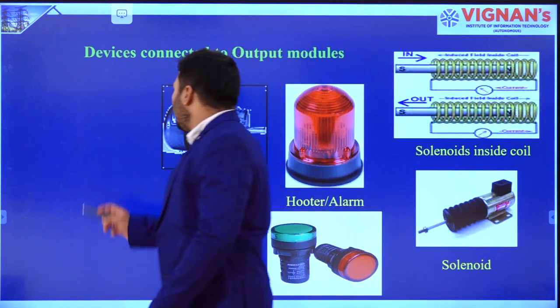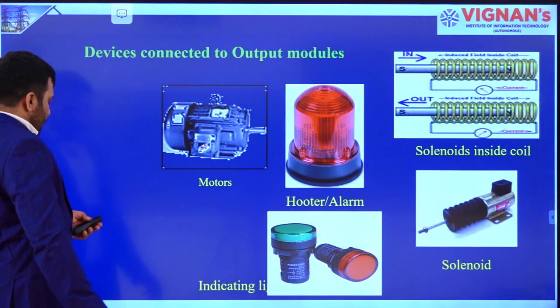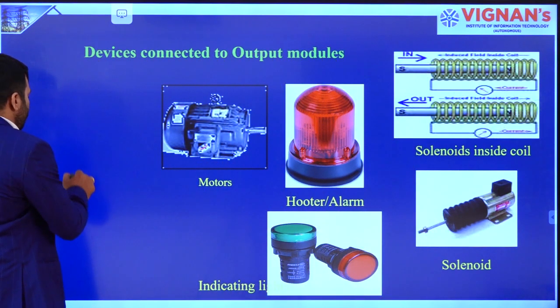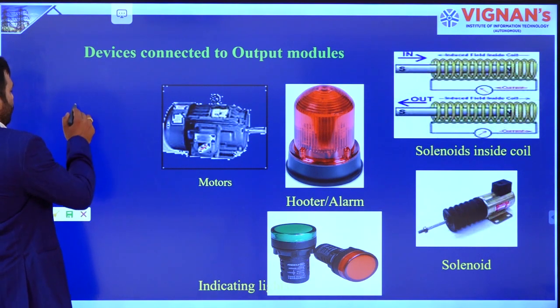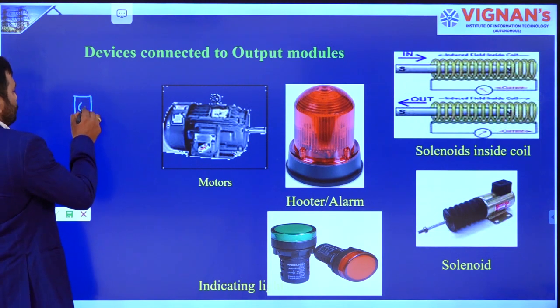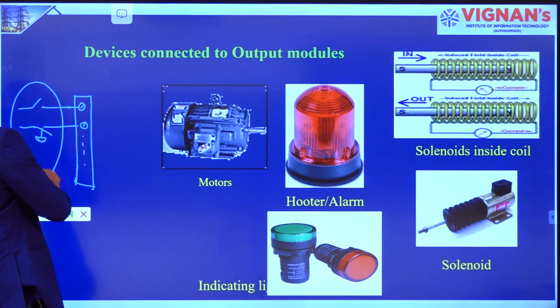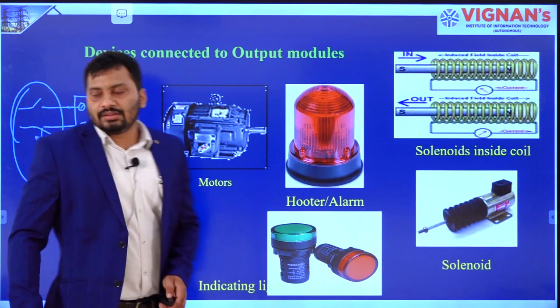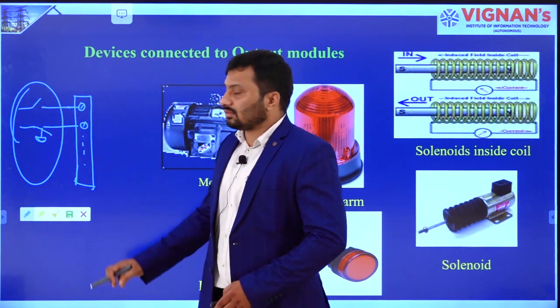Right. So previously we also discussed that we have an input module and an output module. This input module is used to connect to all the different switches, sensors or transducers.